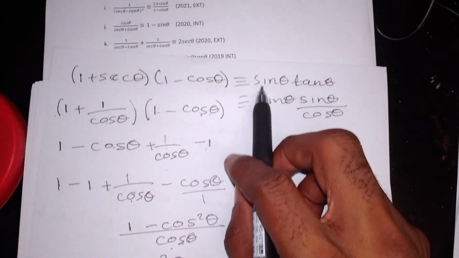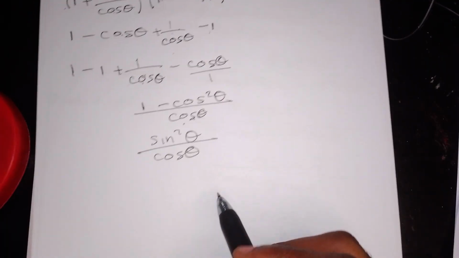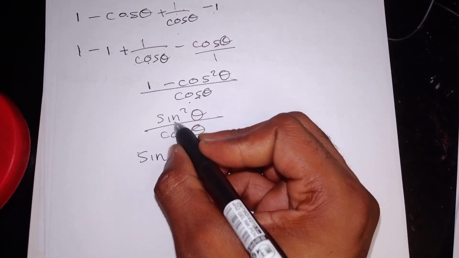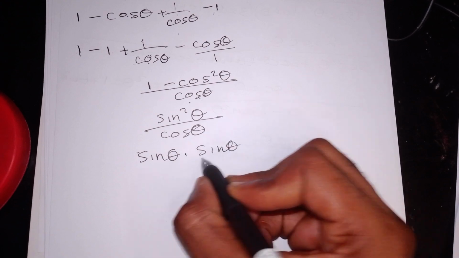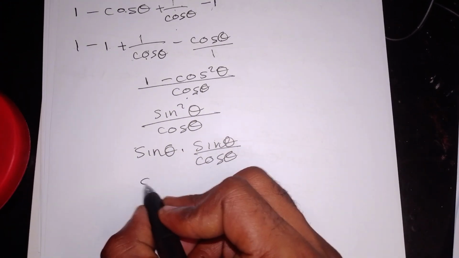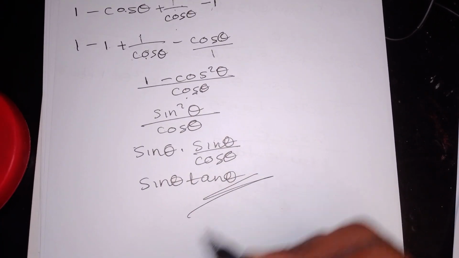But we want to show that this is sine theta multiplied by tan theta. So you can write this in expanded form, multiplied by sine theta over cos theta. Of course, this is a tan, so you have sine theta tan theta, and you're done.